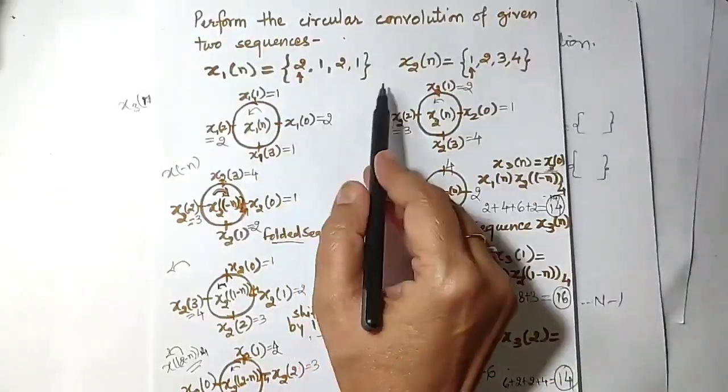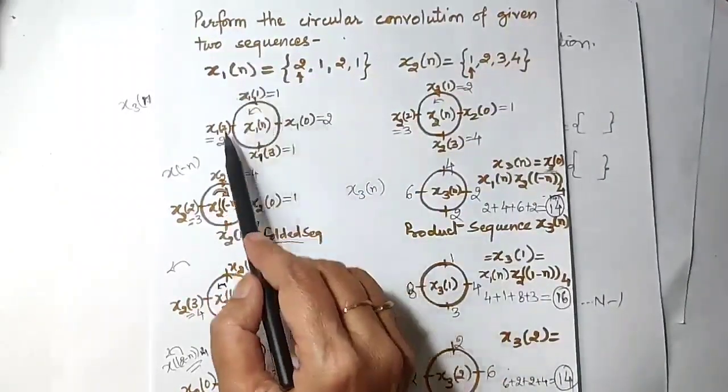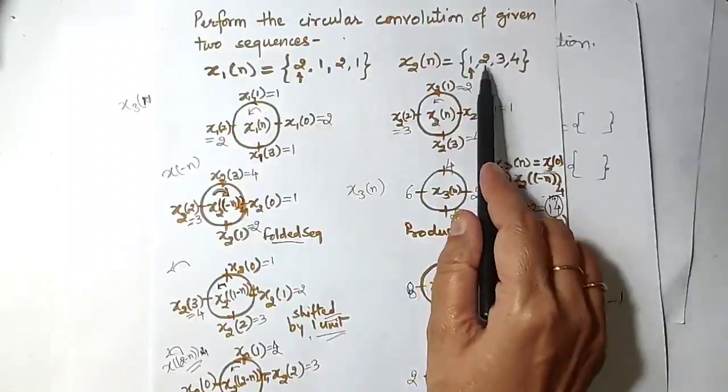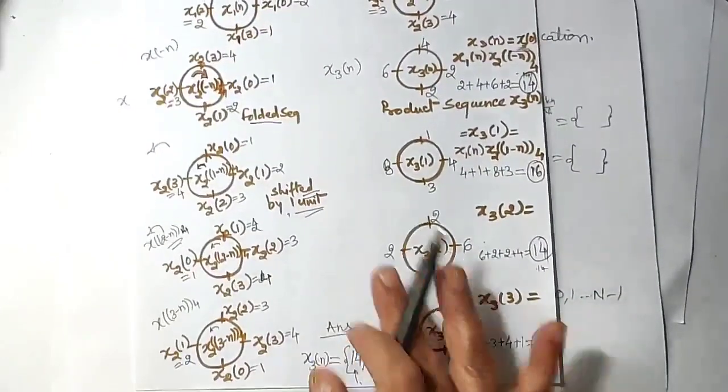The length will be the same, 4 into 4. We have multiplied these two and still the answer has the same length. So circular convolution gives you a significant property of the discrete Fourier transform. We'll see the remaining properties in the next session. Take care. Thank you.